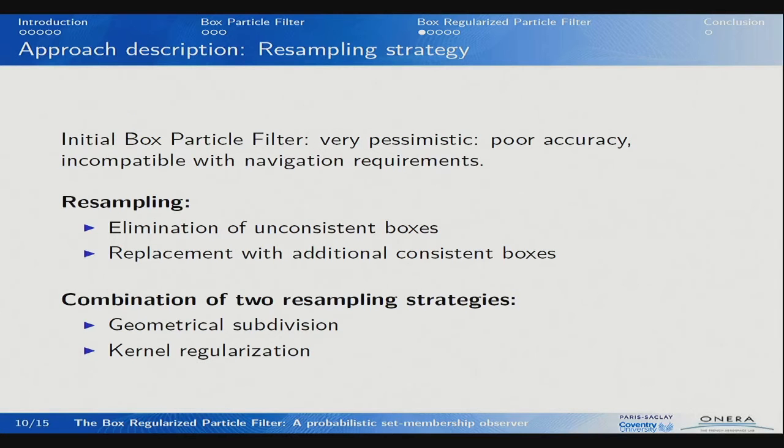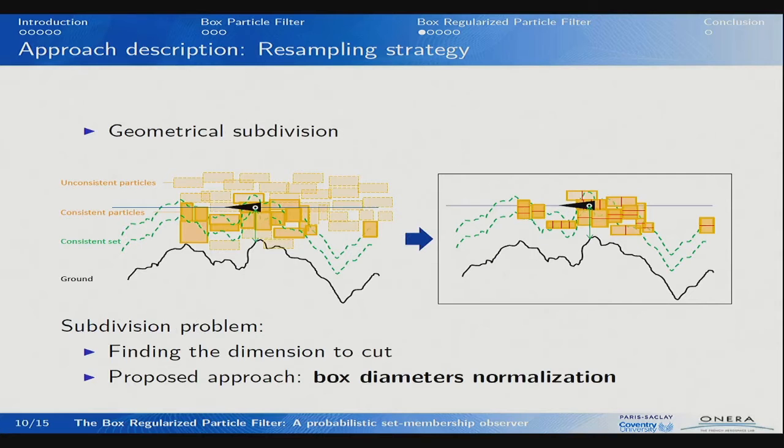And we propose a combination of two strategies. The first one is about the way we replace inconsistent particles with consistent particles, and the second one is a kernel regularization taken from some probabilistic strategies.